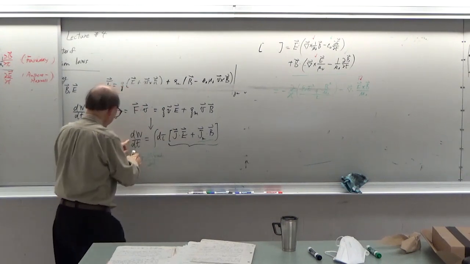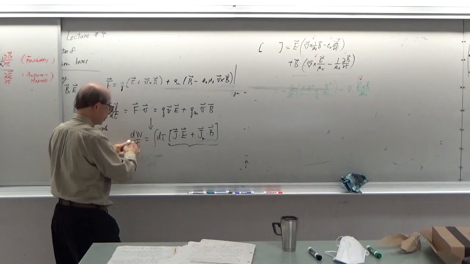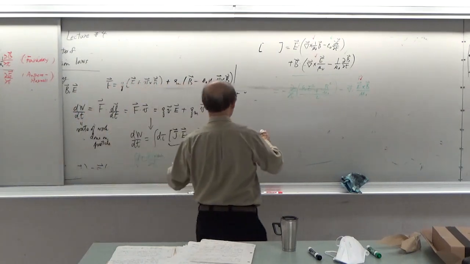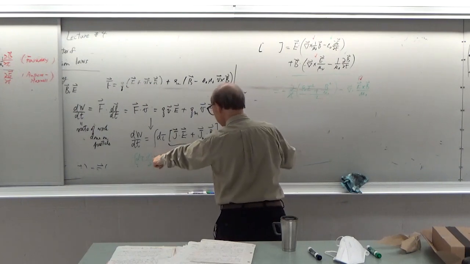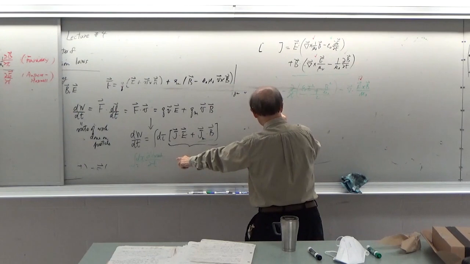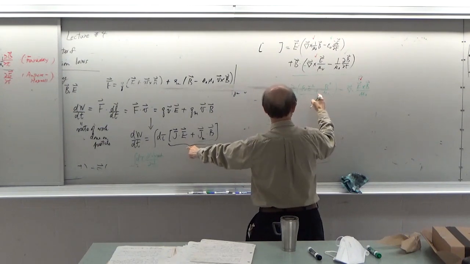This is nothing but the volume integral of the rate of increase of the mechanical energy of the system per unit volume. So looking at the integrand, I have del U mechanical by del t is equal to this.